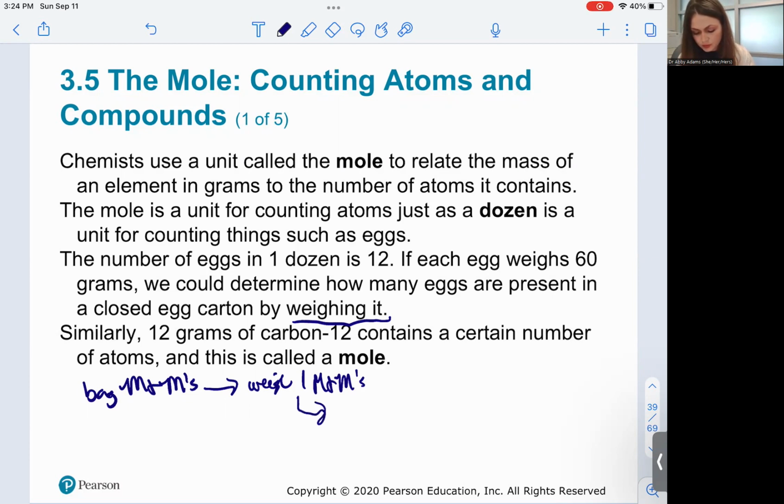And you could then get the weight of the bag after you weigh one M&M. And you can use a conversion or dimensional analysis to figure out how many M&Ms are in the bag. For example, let's say you had a 357 gram bag of M&Ms.